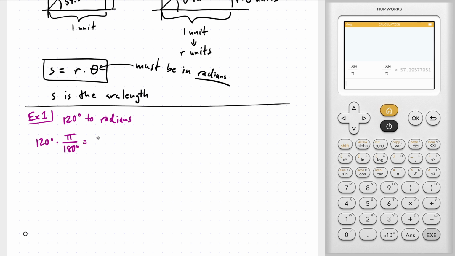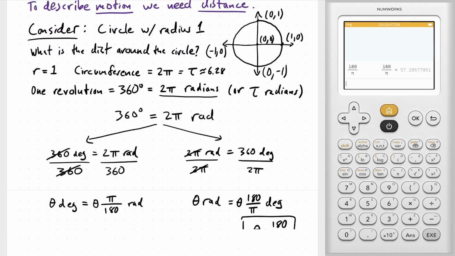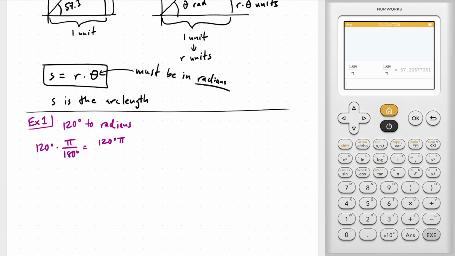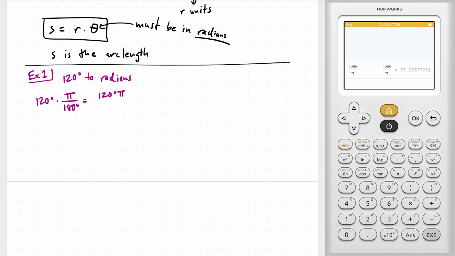Okay, so that equals 120 pi over 180. And we can reduce this fraction. Divide top and bottom by 40. And so I get 3 pi over 4.